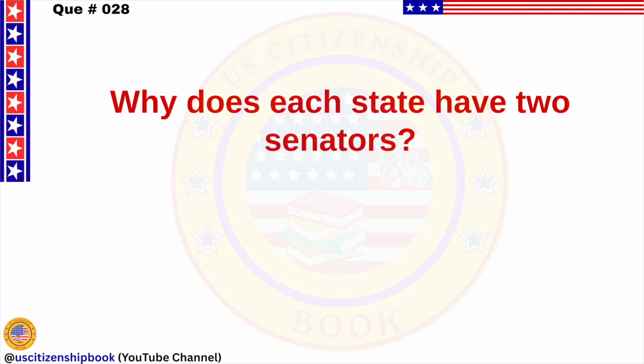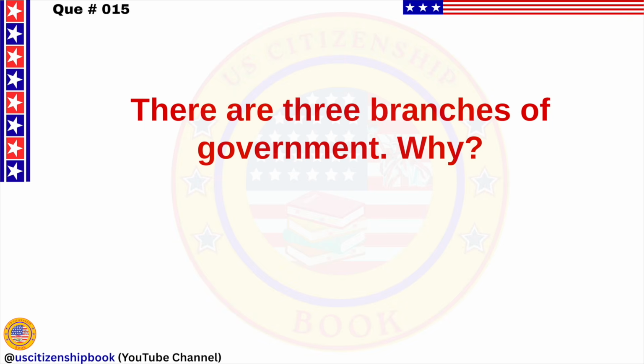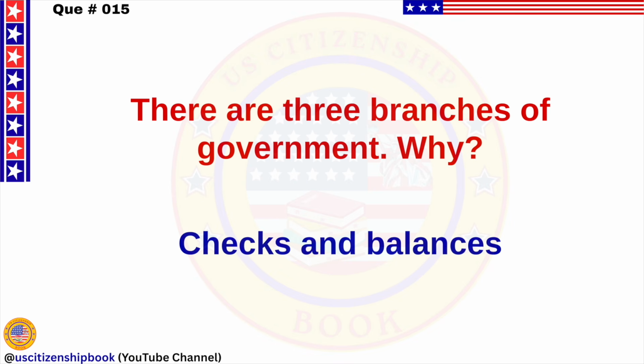Why does each state have 2 senators? Equal representation for small states. There are 3 branches of government. Why? Checks and balances.